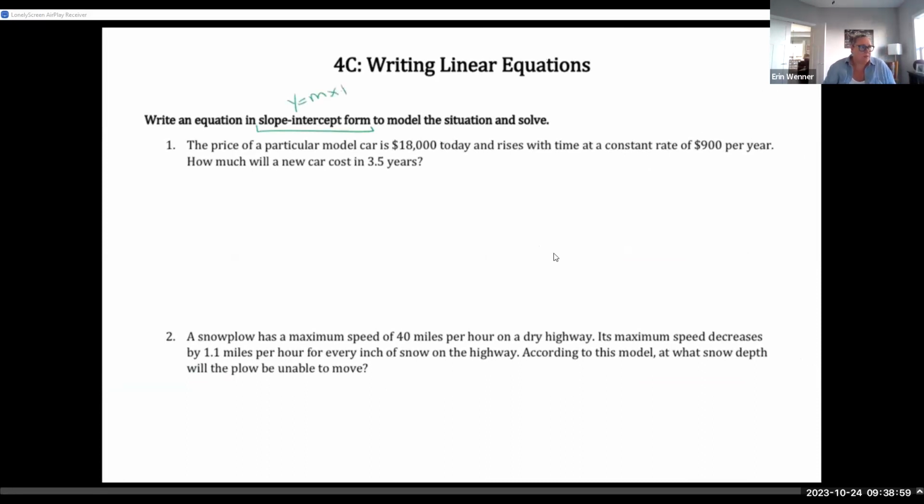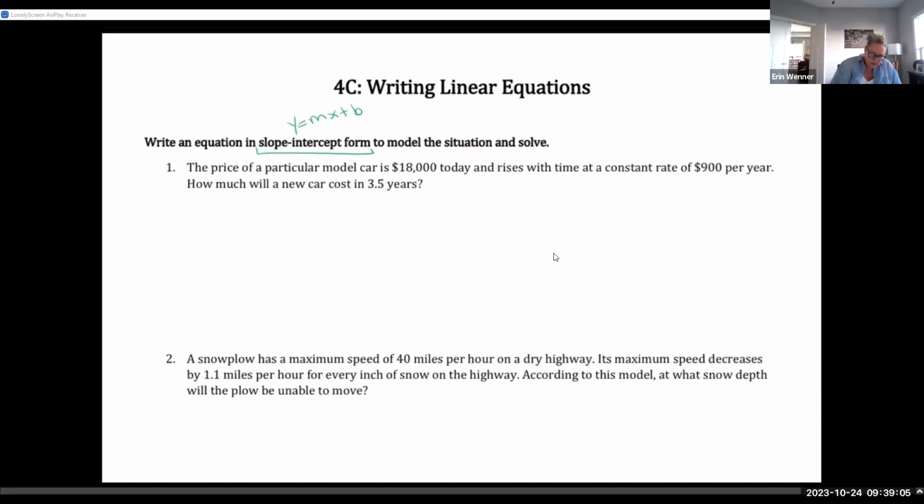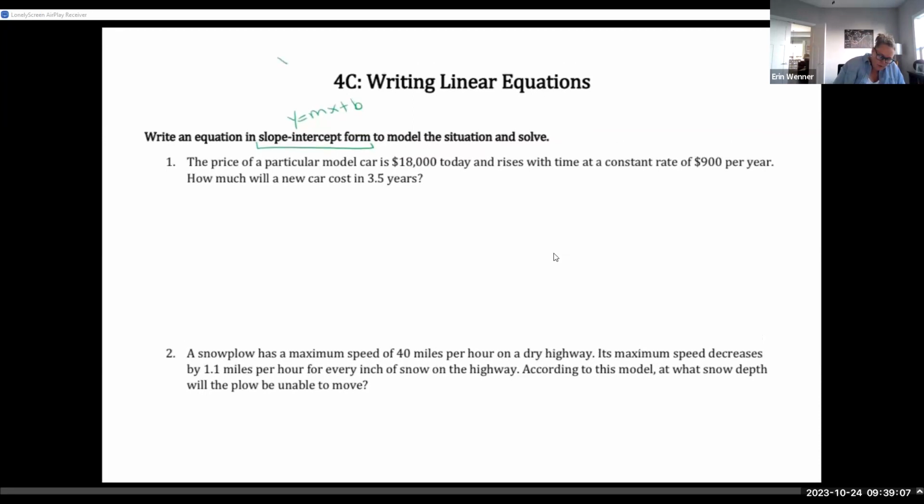This is related to what we were talking about last week, where the alternative way to write it is y equals your rate of change times x plus your initial amount. I find that's helpful to think about when dealing with these word problems.